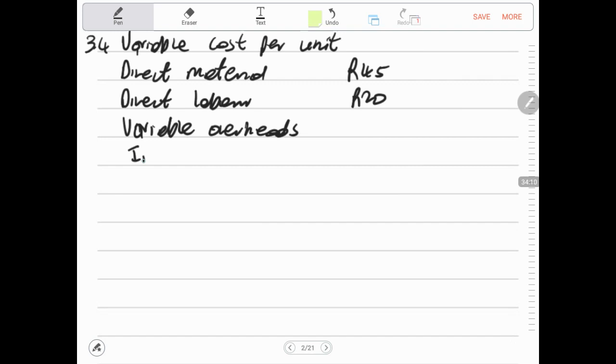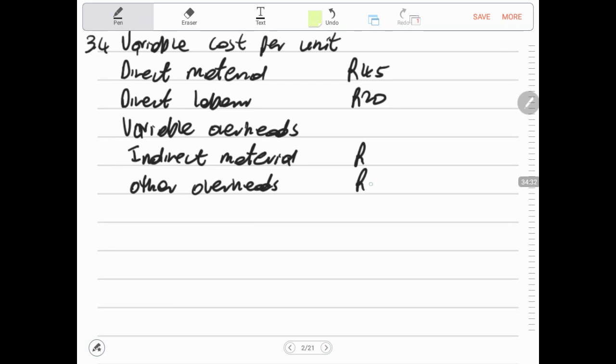We had indirect material, and another one was other overheads that were variable. Our other overheads was 2.80 rand. Here we had 5 rand.